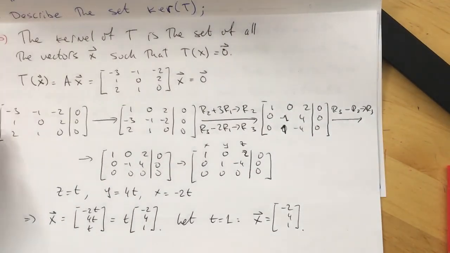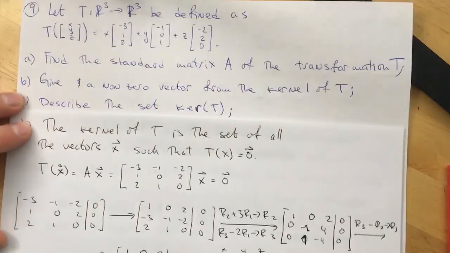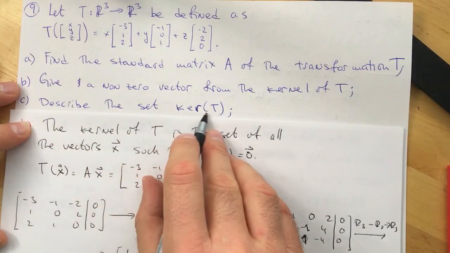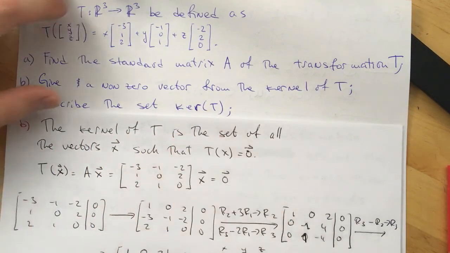Now, part C says describe this set. Part C says describe the kernel of T. What does it represent?